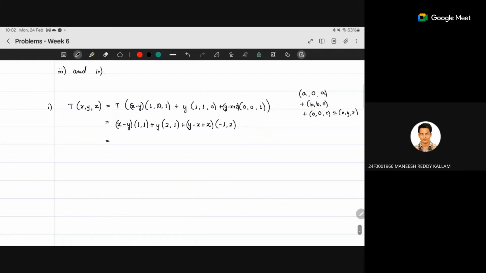So then you just solve this. It's like x minus y plus 2y, x plus y, x plus y, x minus z, and x minus y plus z is x minus y plus 2z.